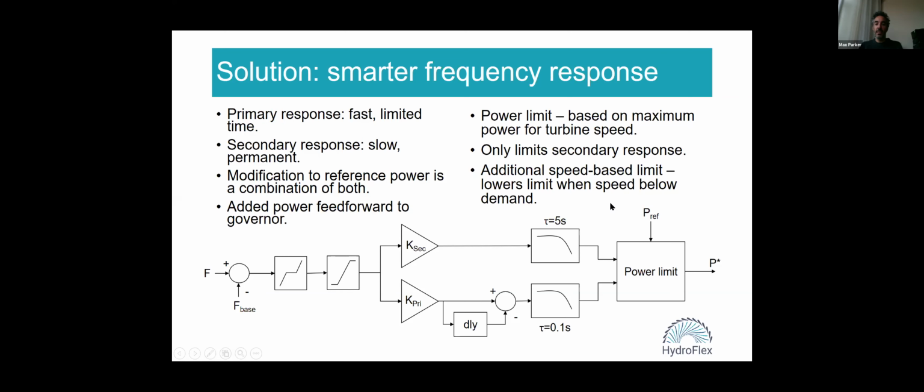The key thing with this is I've implemented the power limit, but the power limit only limits the secondary response. So you can get some nice big boost of power off the turbine inertia, and then after like 20 seconds or so, that drops down to whatever the turbine can provide.